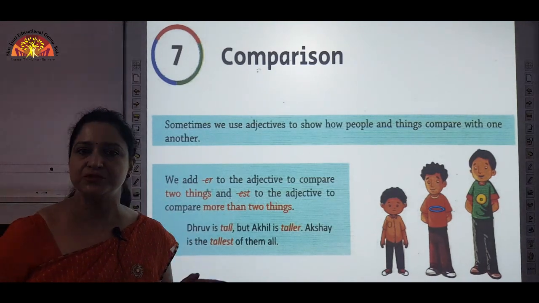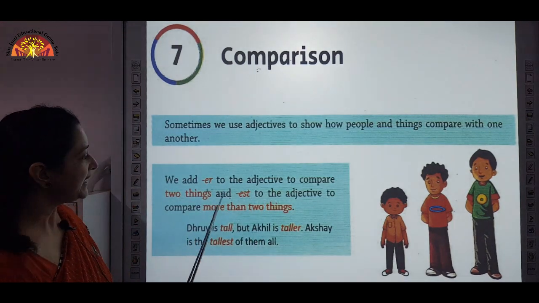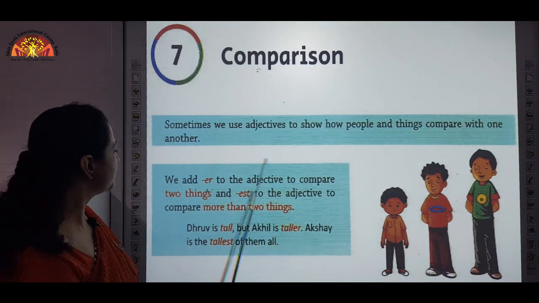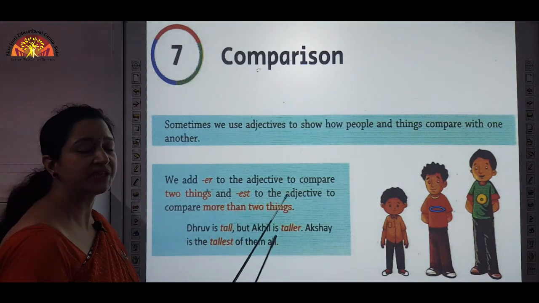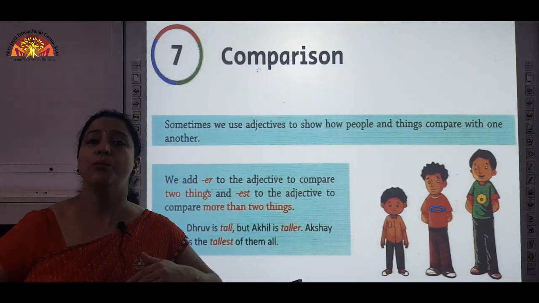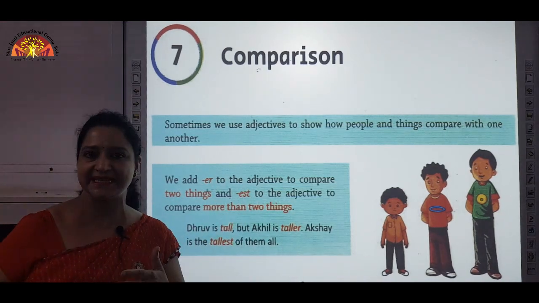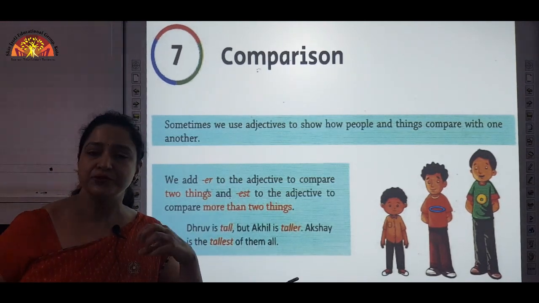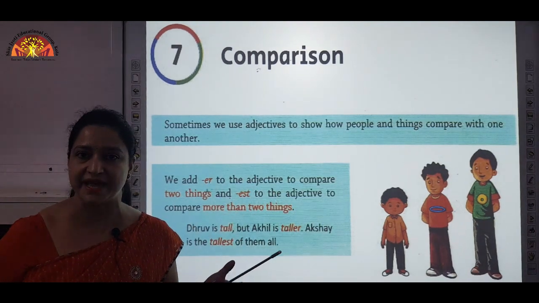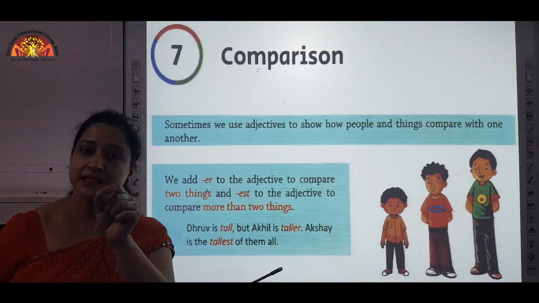It means we have to use comparative degree of comparison. And est to the adjective to compare more than 2 things. Now, if we are comparing or evaluating more than 2 things, so many things or so many people, places and animals, we have to use superlative degree of comparison. It means adjective with est.